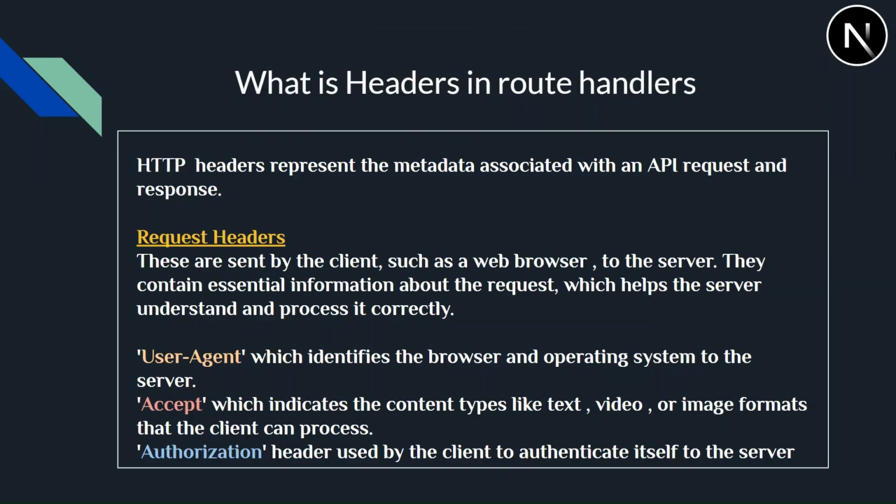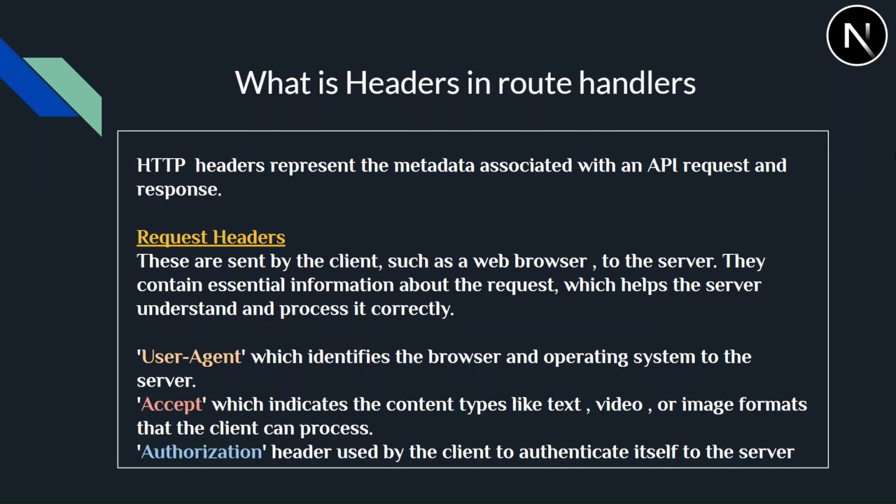First of all, we talk about the request header. Request headers are sent by the client, such as a web browser, to the server. They contain essential information about the request, which helps the server understand and process it correctly. This includes, for example, the user agent, which identifies the browser and operating system to the server.